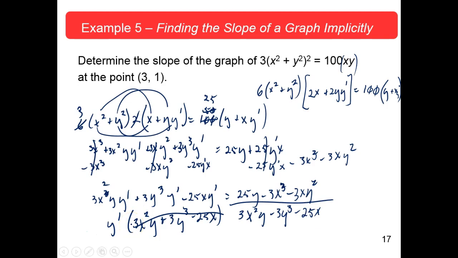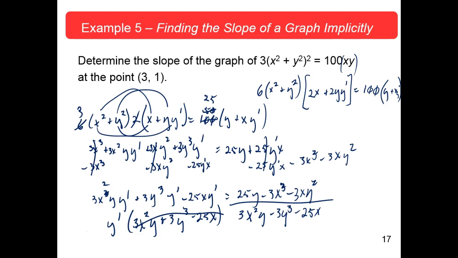All right, there's my y prime. Kind of an ugly form, but there it is. Frankly, I don't think there's anything we can factor out. Anyone got any ideas? I'm afraid not.